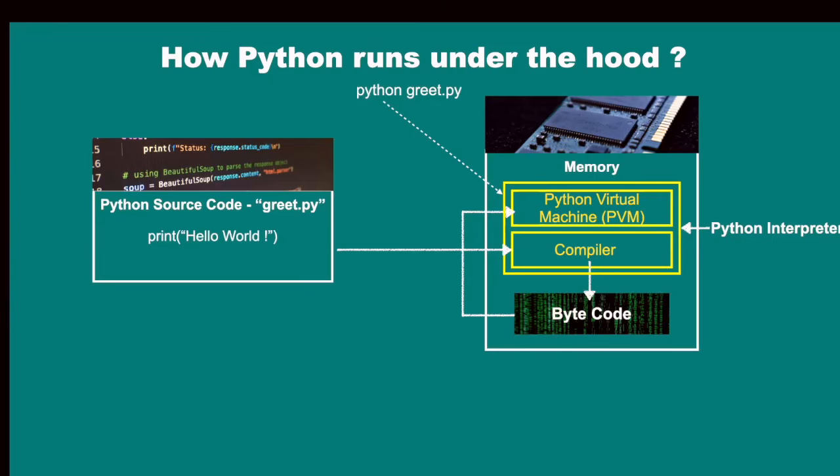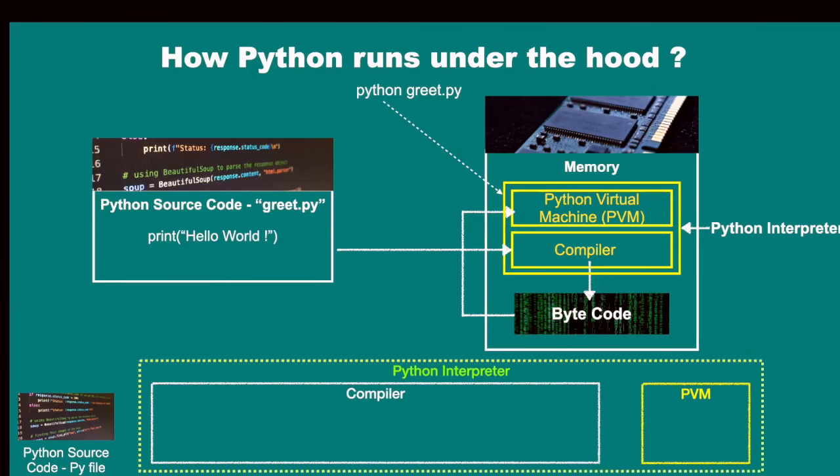Now, if you are not like me, you may want to dig into more details of some intermediate steps. Say we have Python source code and the Python interpreter. When the compiler converts the source code into bytecode, it goes through 4 steps. First is called lexical analysis.